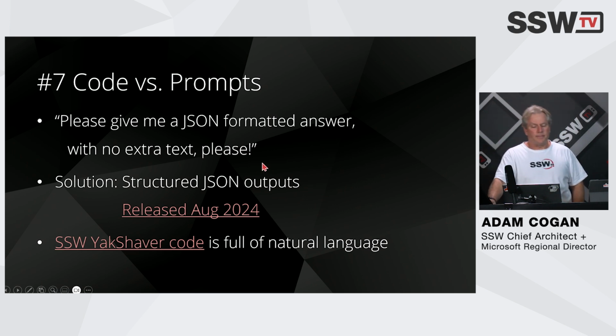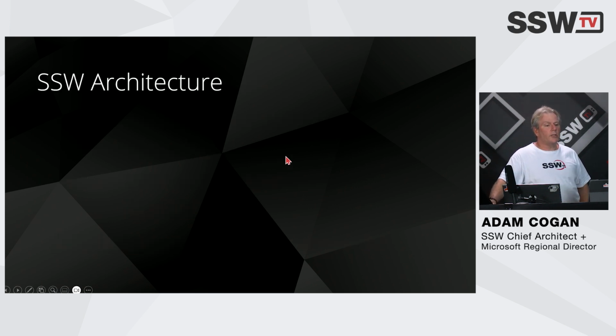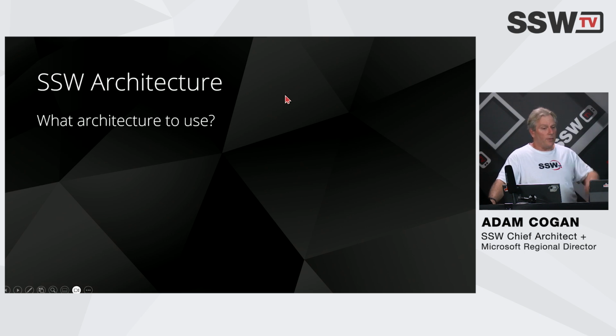All right. So I also want to talk about the architecture. Now, at SSW, most of the applications we do are business apps. I would say the majority of our apps are probably clean architecture. We also do modular monoliths and vertical slice architecture.